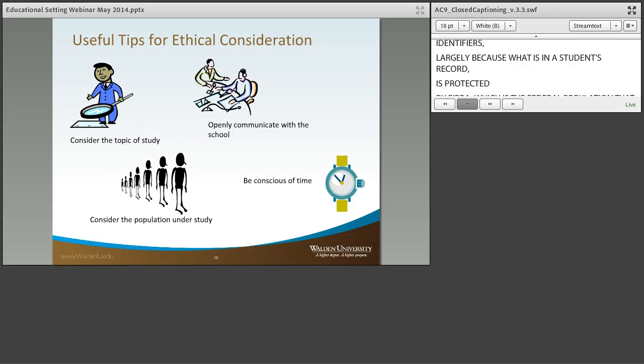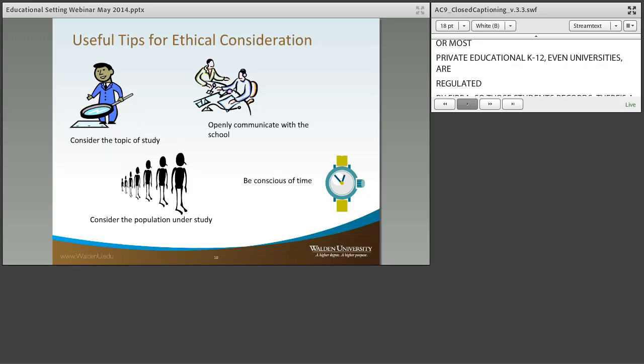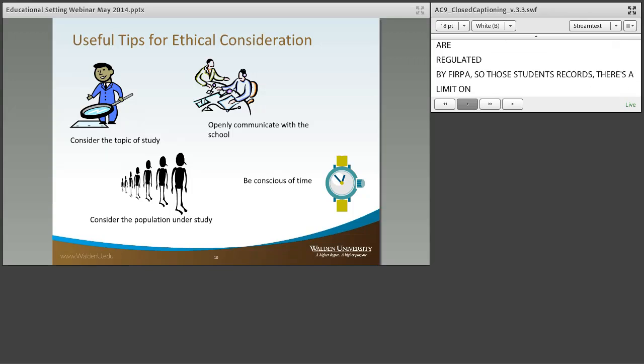Basically any public or most private educational institutions, K-12, even universities, are regulated by FERPA. And so for those student records, there is a limit on what a school can release without prior parental and or student consent.